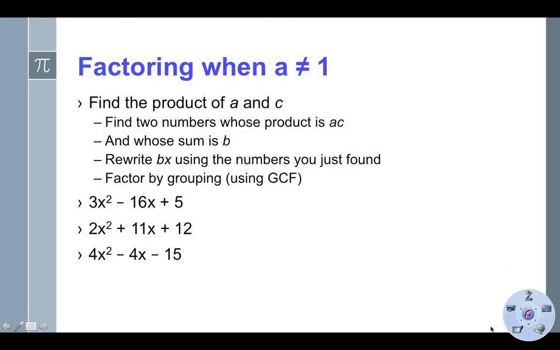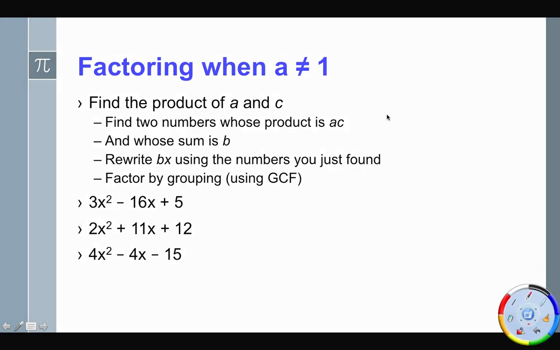Let's do one more. One more where we have both minuses. All right, so AC is 4 times negative 15, which is negative 60. B is negative 4. So here's the thing. I need two numbers whose product is negative 60 and sum is negative 4.